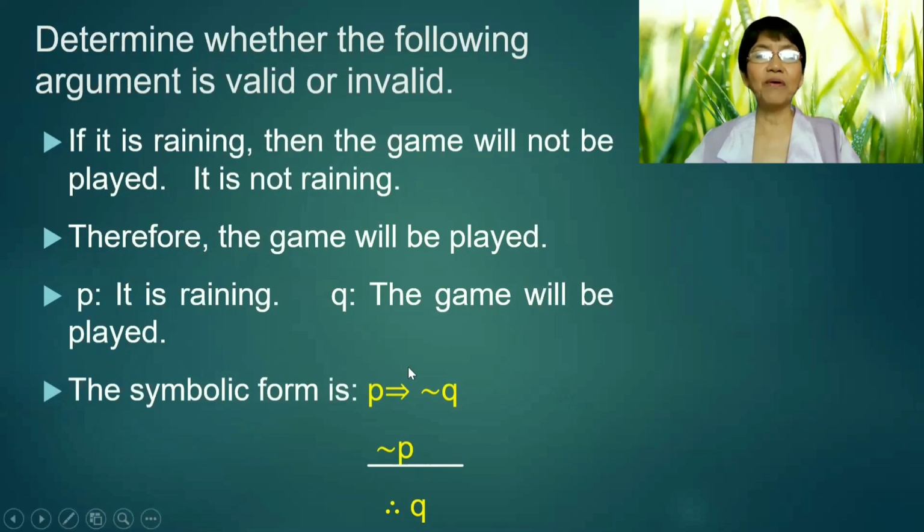So in symbolic form, it is P implies not Q. If it is raining, the game will not be played. So since it is not raining, therefore Q, the game will be played. So this is a valid argument.